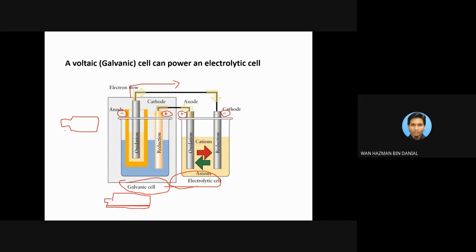So dia ada positif dengan negatif kan, betul tak? So kalau bateri ni it is a galvanic cell kan. So kita ada negatif dan kita ada positif. Macam itulah. Tapi kalau electrolytic cell, yang mana connected dengan positif tu dia akan jadi positif, yang mana connect dengan cathode tu dia akan jadi negatif. Okay.